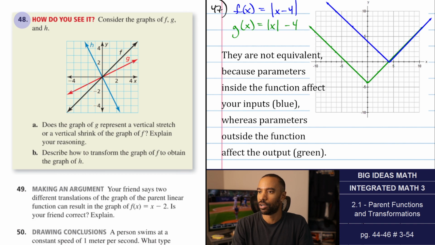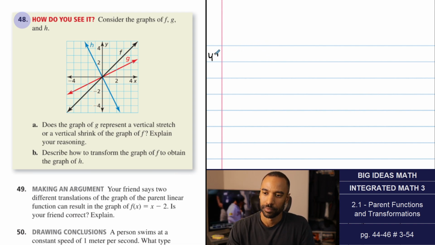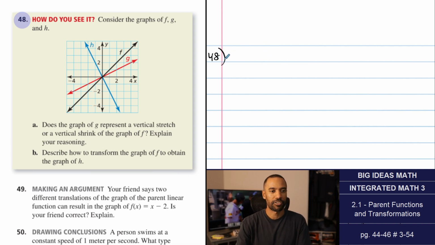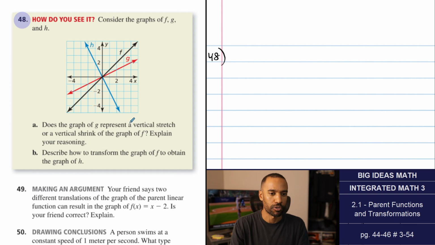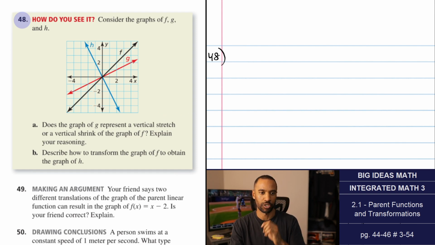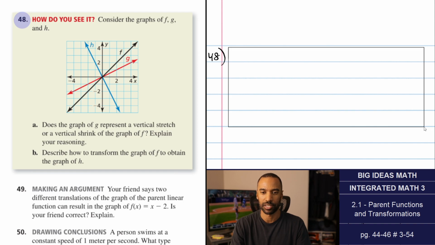Okay, last page of sets, or two more pages, I suppose. Number 48. How do you see it? Well, consider the graphs of f, g, and h. F is black, g is red, h is blue. Does the graph of g represent a vertical stretch or a vertical shrink of the graph of f? Explain your reasoning. I imagine f looks to be the parent function of a linear equation. G is less when it comes to its rise and its run.